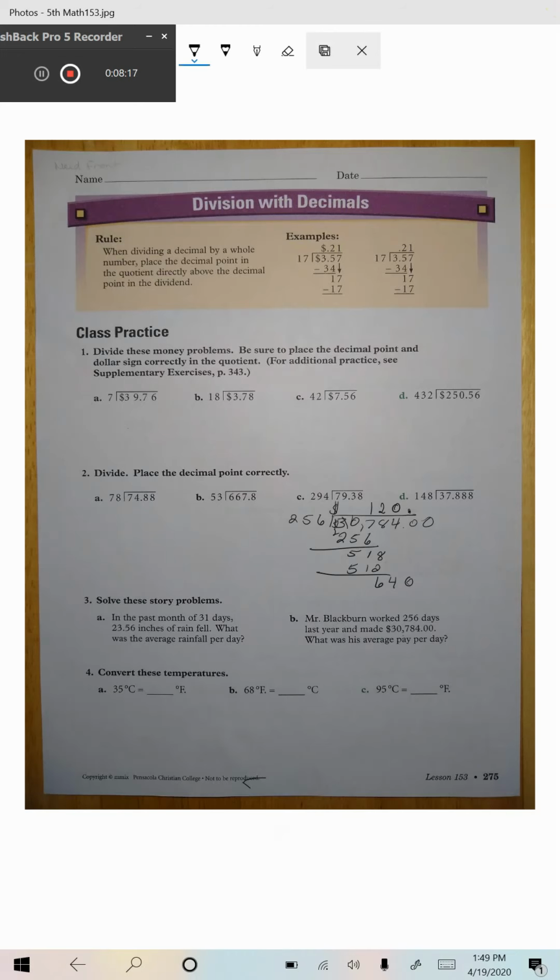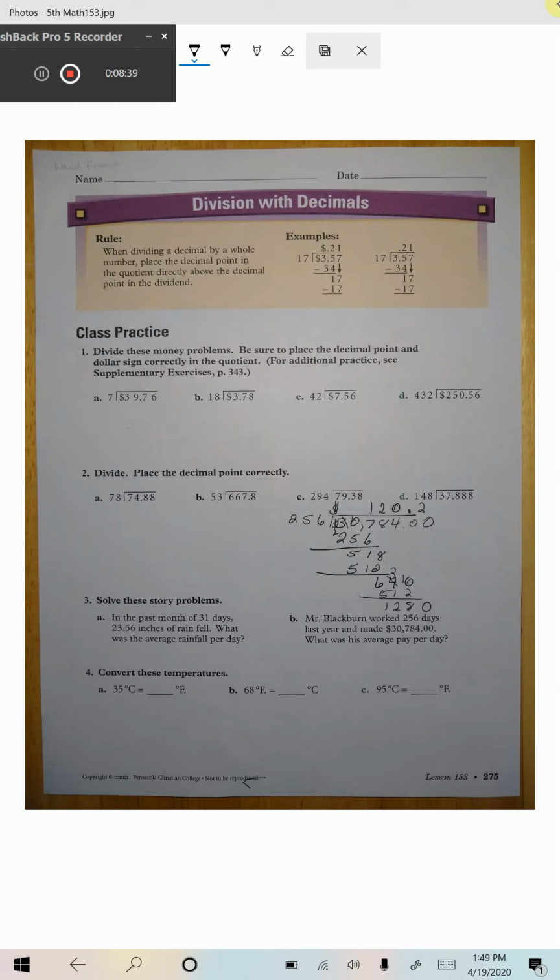Don't worry about the decimal down here. 256. I'm thinking it still would only go in twice because more might get way too big. When I do my subtraction, I'll know if I was correct. See, I only have 128, which is smaller than 256. Bring down another 0.